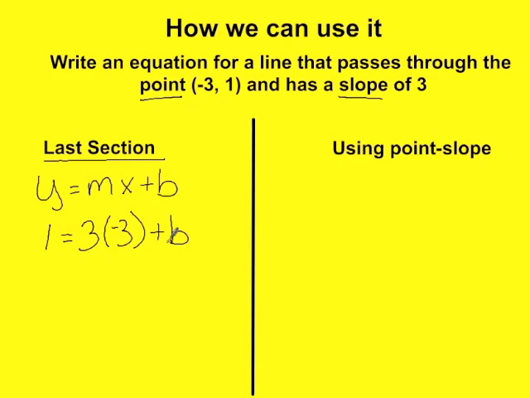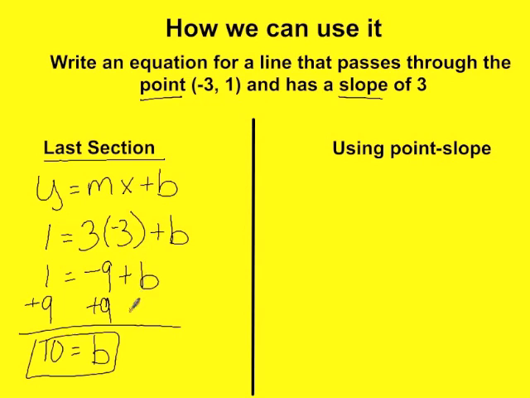We'd have to figure out what that y-intercept is to create the equation. So I'd get 1 equals 3 times negative 3, which is negative 9, plus b. I'll add 9 to both sides and get 10 equals b.